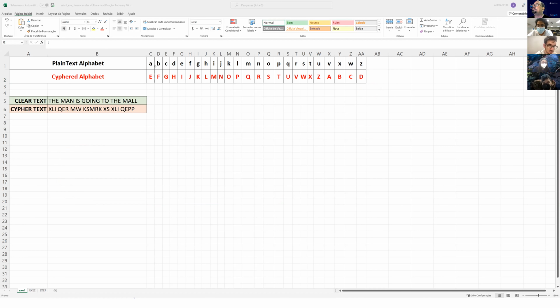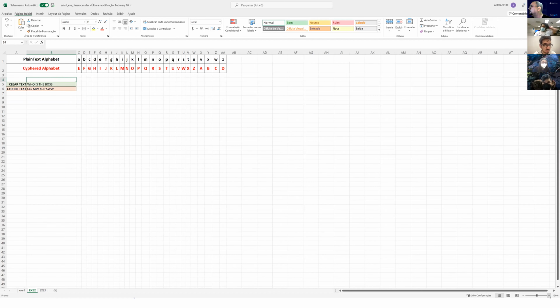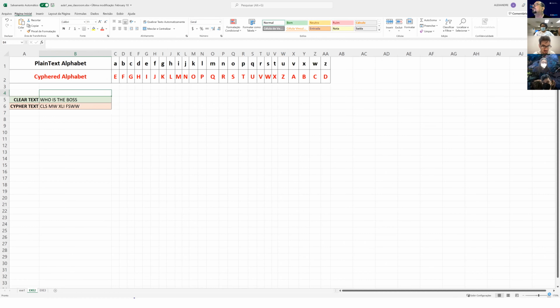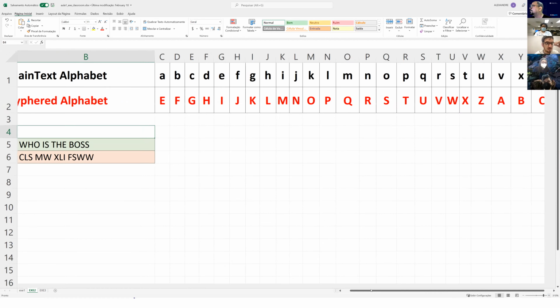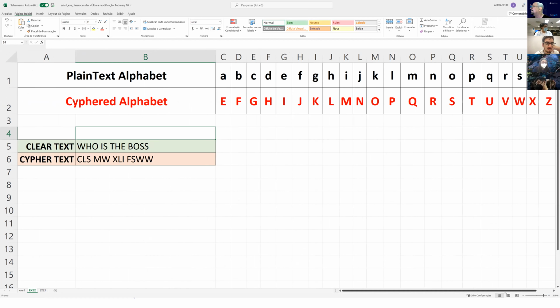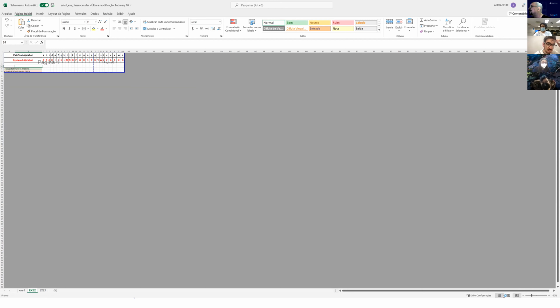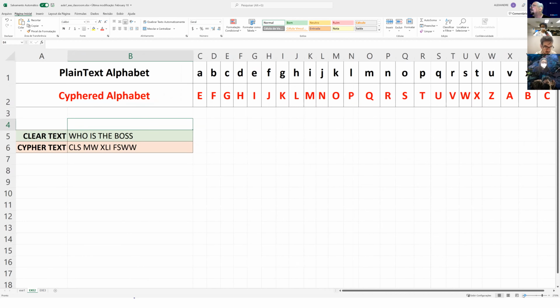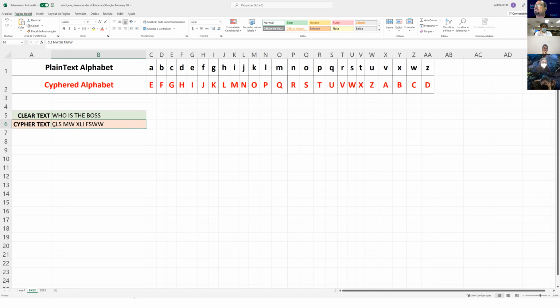Again, you use the same alphabet, the same cipher text. The idea is to do the inverse process.